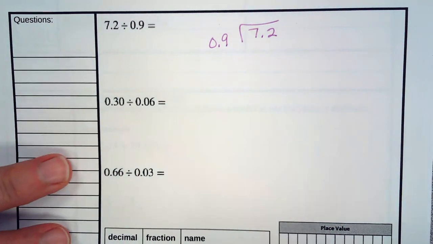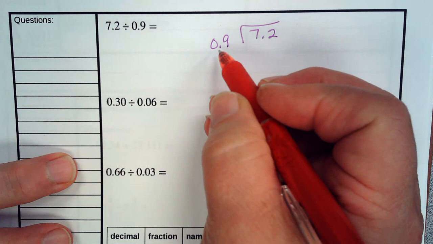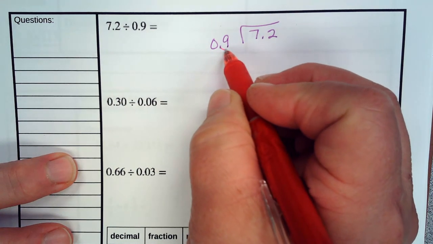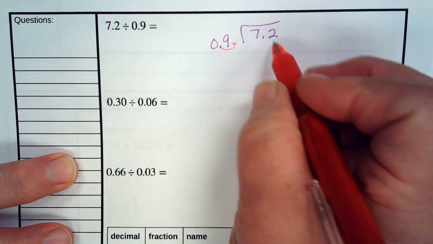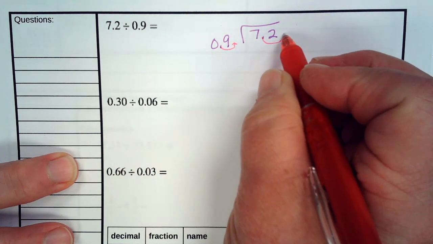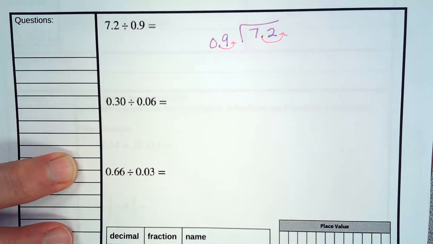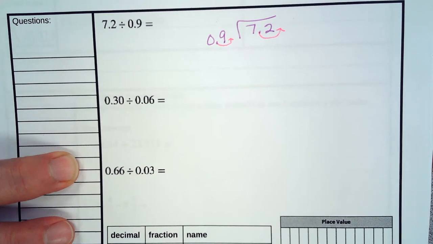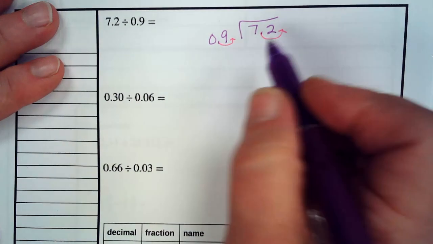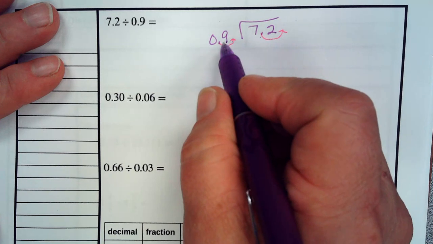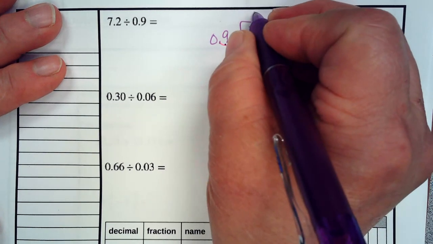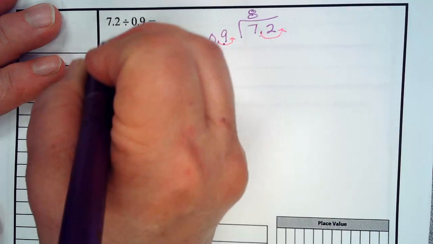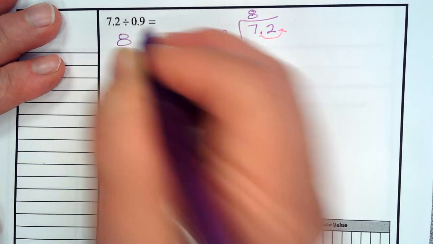I need to change this into the whole number. So I'm going to move that decimal over 1 spot. I'm multiplying by 10. Same thing here. I've got to multiply by 10 to keep the expressions equivalent. Okay, so now 72 divided by 9. 72 divided by 9 is 8, and this is equal to 8.